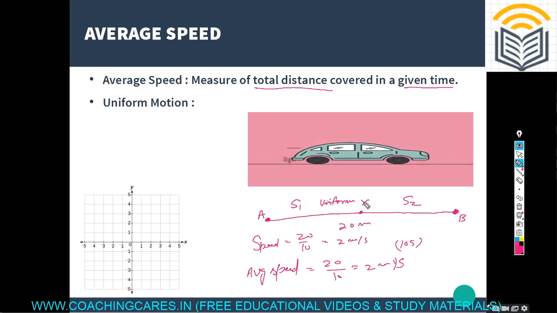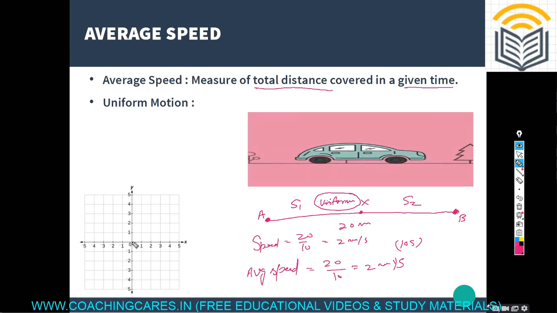Here S1 is equal to S2, both are equal because this is uniform motion. Total distance is 20 and time taken is 10, so the average speed will be 2 meters per second. It's a normal speed.